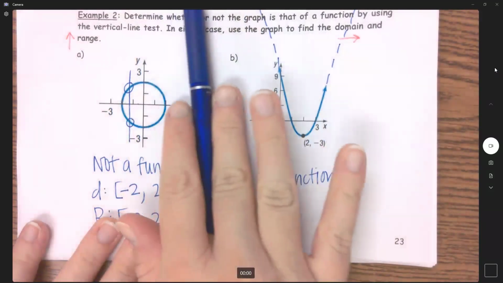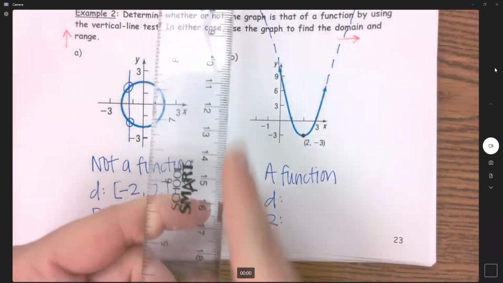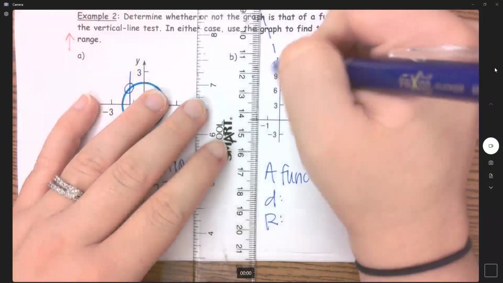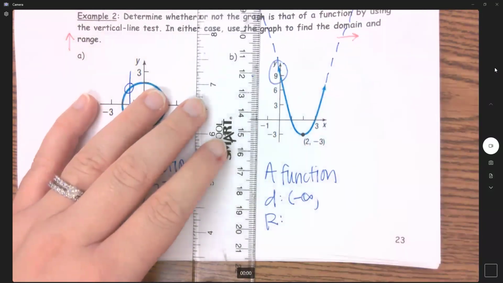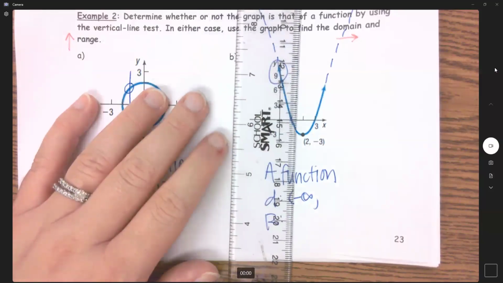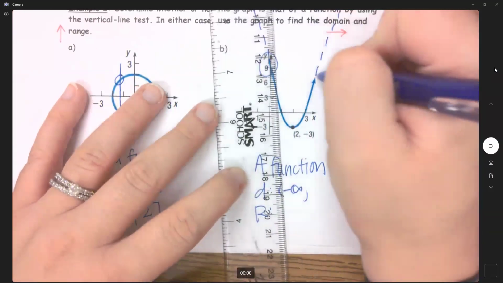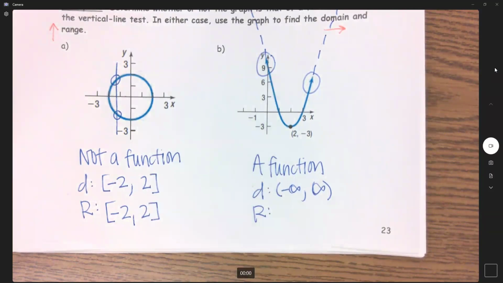So when you go from left to right, I use my ruler again, talking about this edge here. If the first thing I encounter is an arrow, that is negative infinity. And as I go to the right, looking at this edge here, the rightmost I touch is another arrow that's positive infinity.